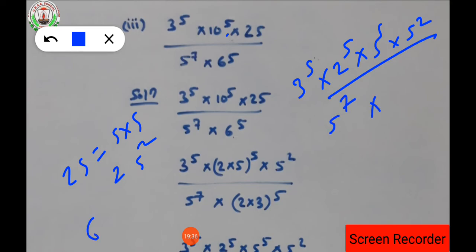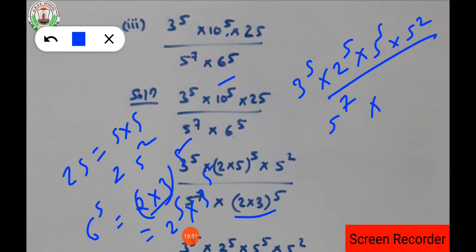So 6 to the power 5 can be written as 2 into 3 whole to the power 5, because 2 into 3 is 6, isn't it? So 2 to the power 5 into 3 to the power 5. So in place of 6 we can write it as 2 into 3 whole to the power 5. So while separating the powers, it will become 2 to the power 5 into 3 to the power 5. Clear?